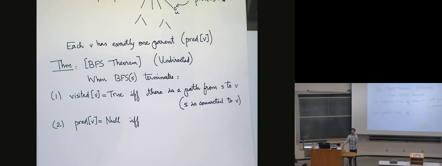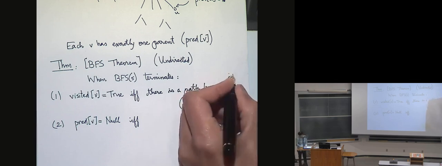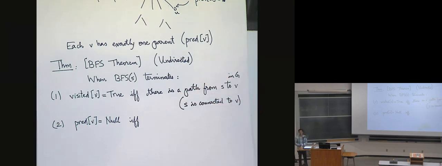No, when BFS terminates, when it finishes. Oh, is that we have the path? It could be not that there is a path, but that we already have a path. If you have a path, that means there exists a path in the graph. Yeah, but not the other way. It could be a path that I don't have right now.